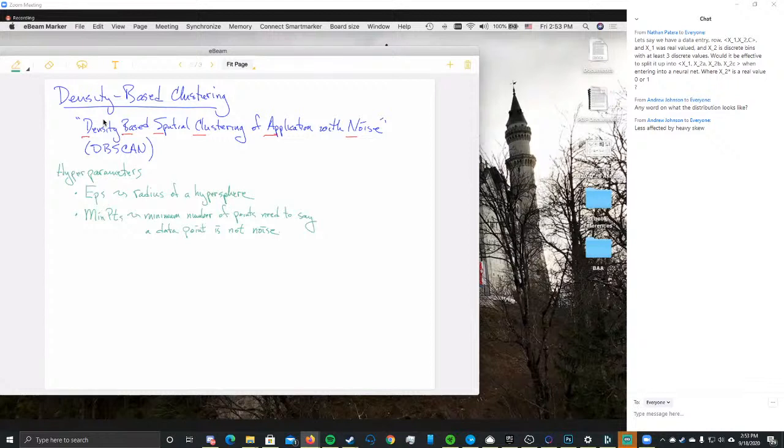All right, and then this leads us to define 3 different kinds of points. First is what we call a core point, which is a point at the center of a hypersphere with greater than or equal to min points other points.